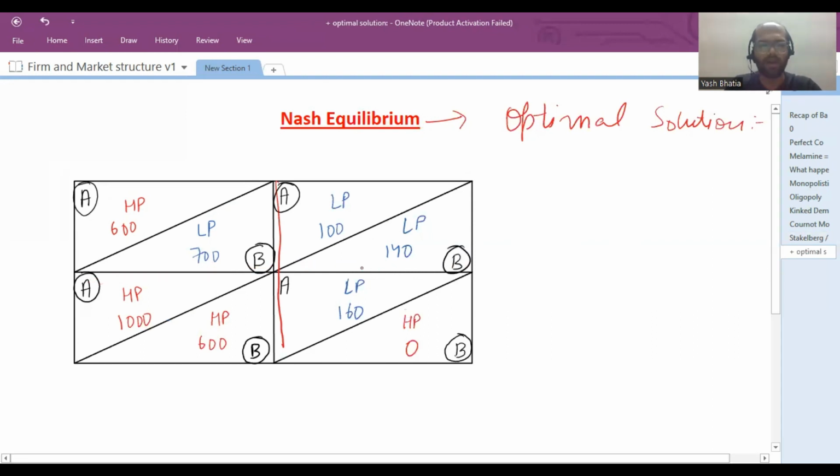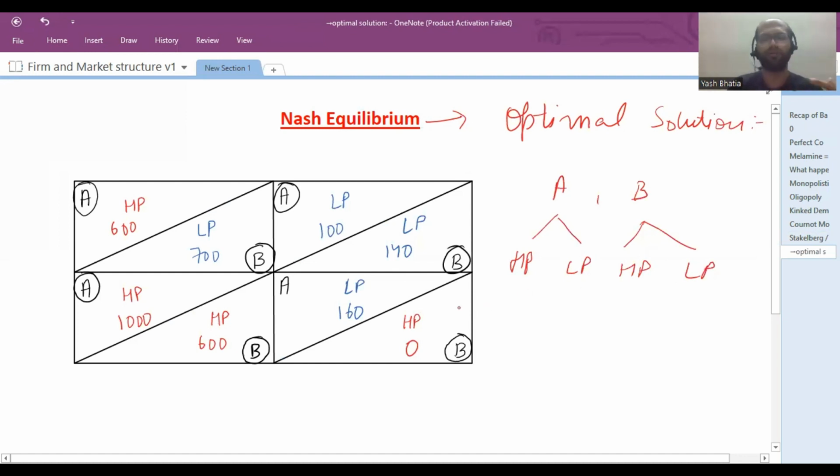In our example, I've assumed these things, and there are only two firms as of now, A and B. I've assumed this, but it can be applied to more players as well. Duopoly is not a condition. And I've assumed that A and B both have two strategies, high price and low price. These are the two strategies they can follow.